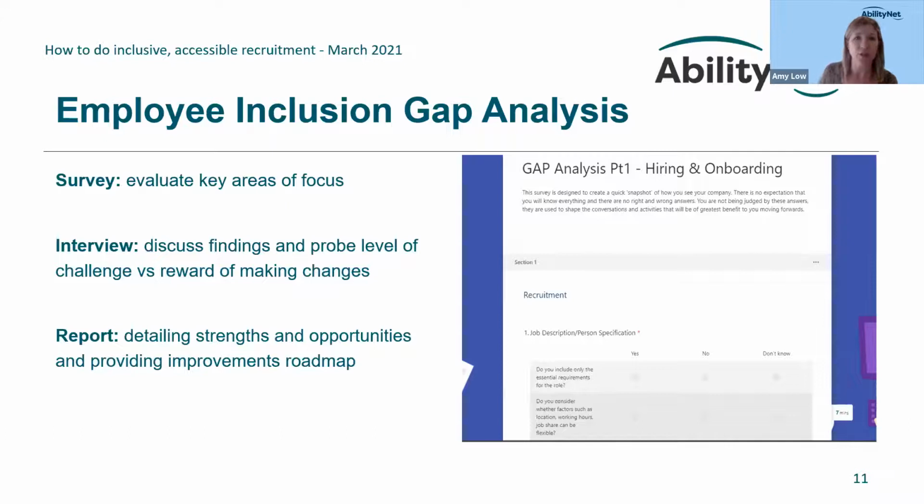And then there are other sections in the gap analysis that relate to onboarding, ways of working and the whole employee journey, but we'll pick those up in future webinars that we've got planned for later in the year.